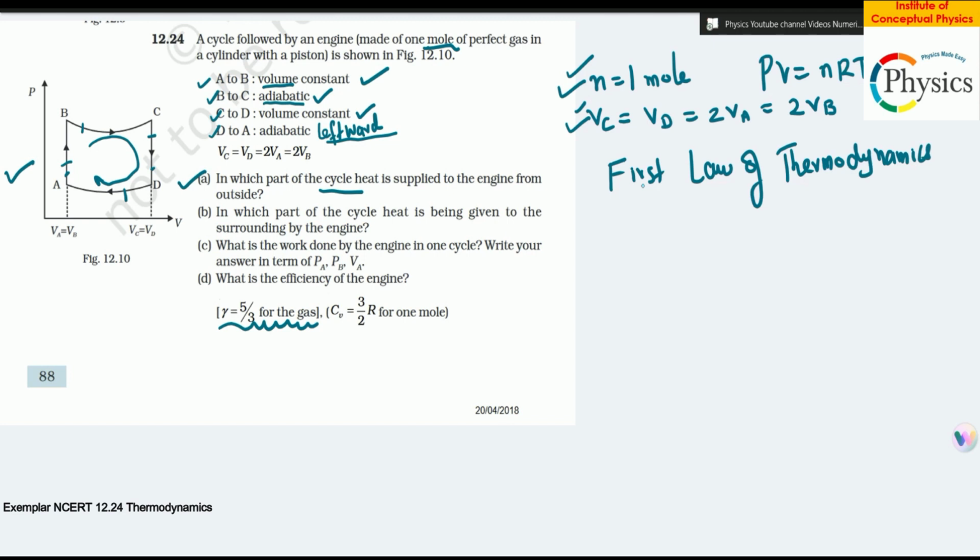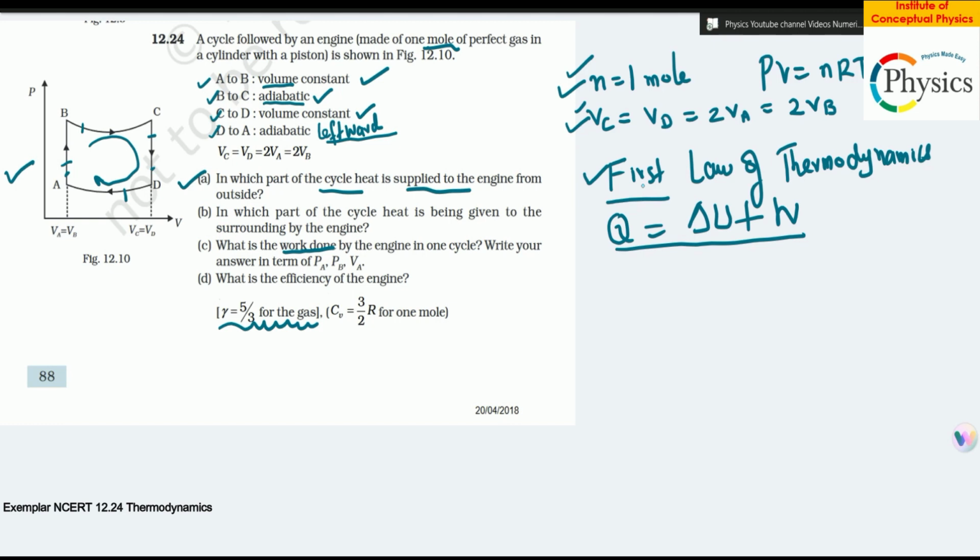You can see heat supplied, you can see the work done. So all these, what do they indicate? That you have to apply the fundamental, which is delta U plus the work done, right? First law is the most important law which should strike you to solve these problems.